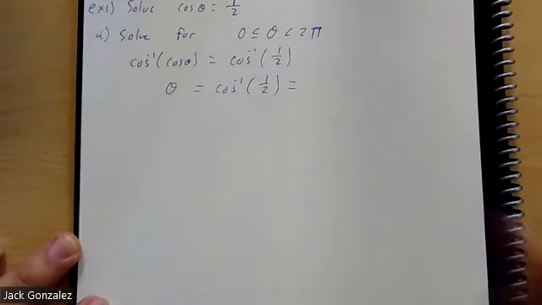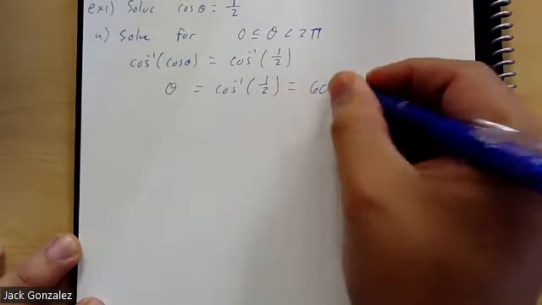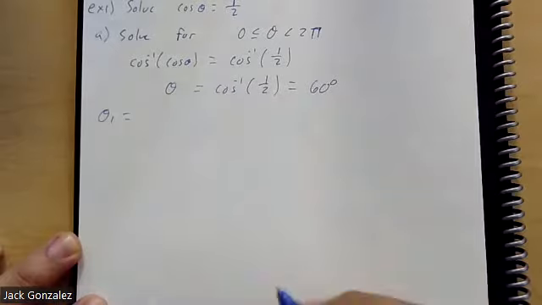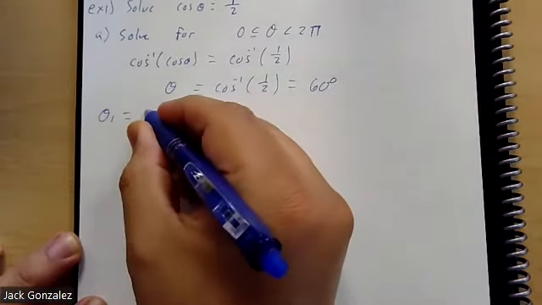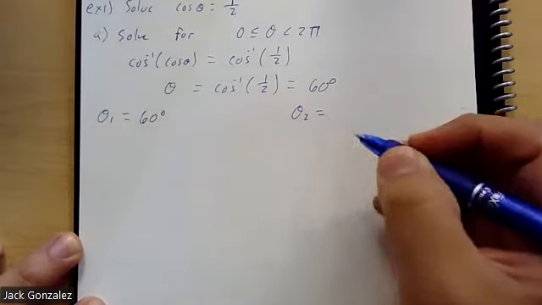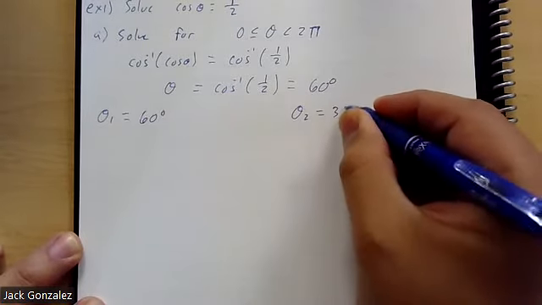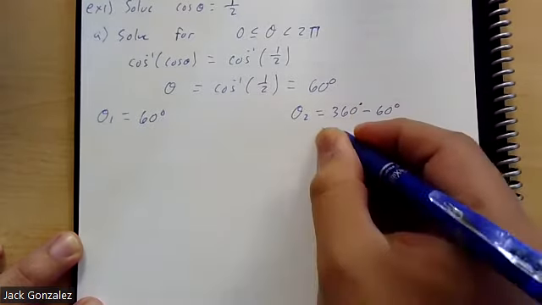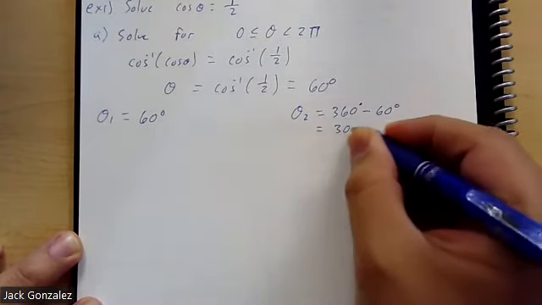Now, theta 1 is equal to 60 degrees. The second theta is going to be 360 minus 60 degrees, which is 300.